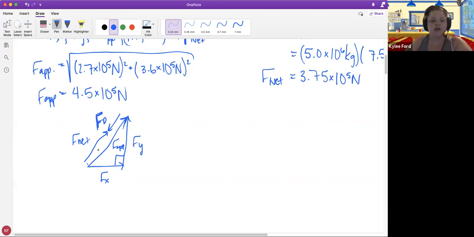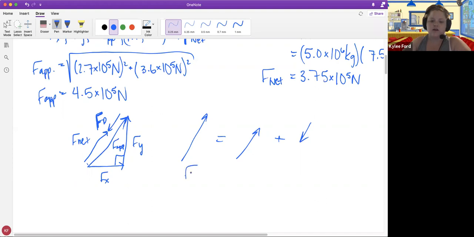If you look at this side here, you see that we have this applied force, and this length is going to be the same as this smaller length plus this length going in the opposite direction.